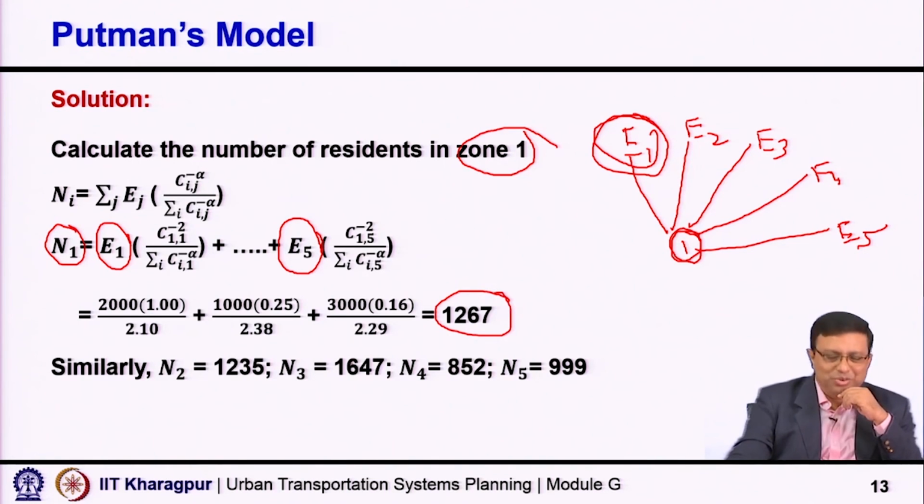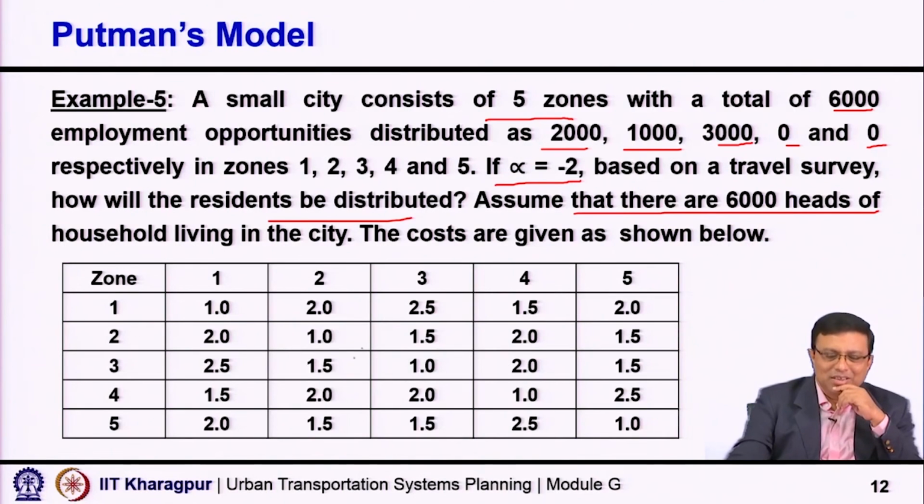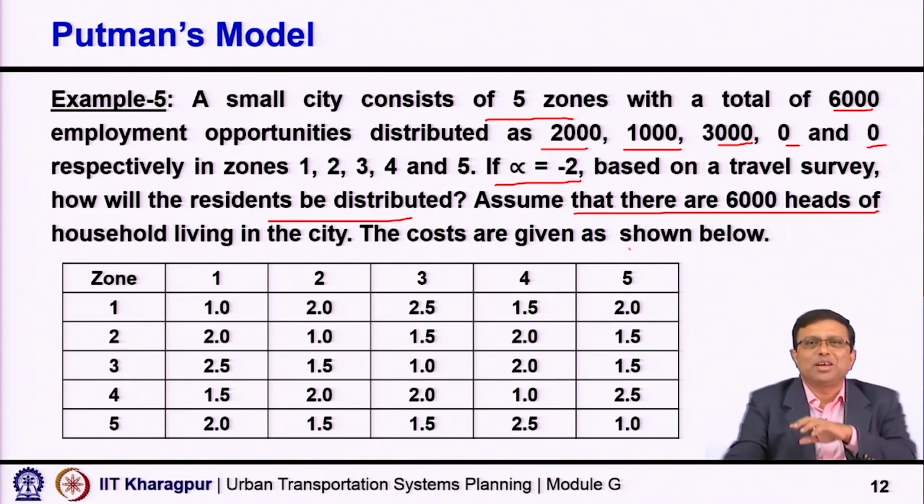Similarly, you can find out how much zone 2, zone 3, zone 4 will attract, so you get N2, N3, N4, N5. That will tell you, given the total 6,000 employment opportunities, with zone 1 having 2,000, zone 2 having 1,000, and zone 3 having 3,000, how the households are going to get distributed.